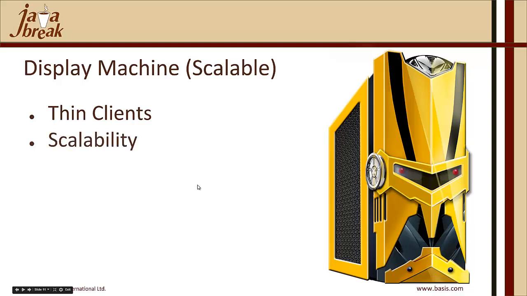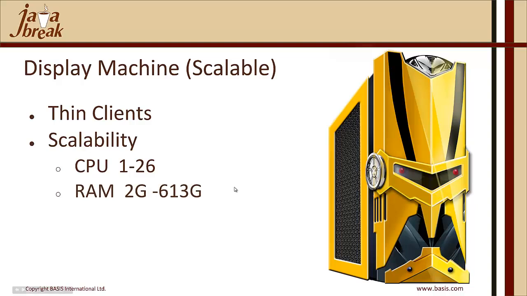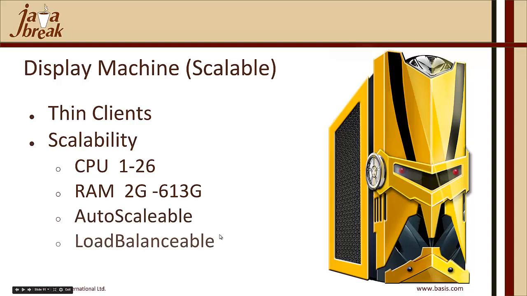If you want to know what kind of scalability options you have at this level, of course, you can have 1 to 26 CPUs, RAM from roughly 2 gig to 613 gig. It's auto-scalable, and of course, it is load balanceable as well.